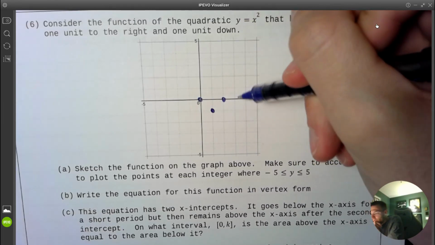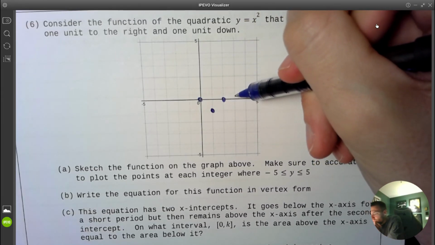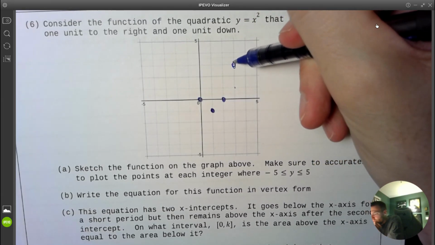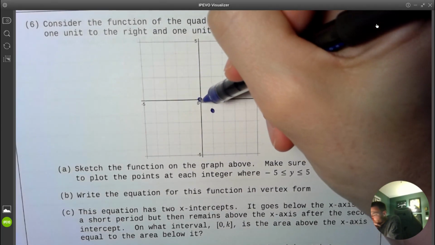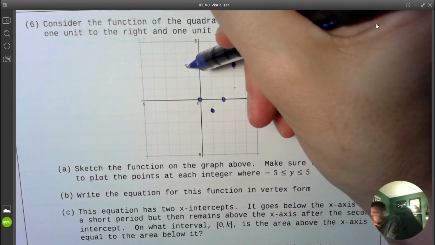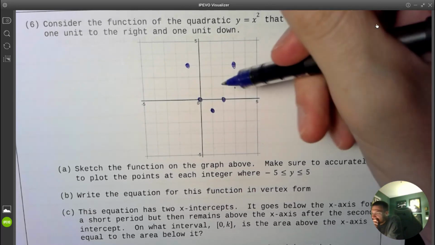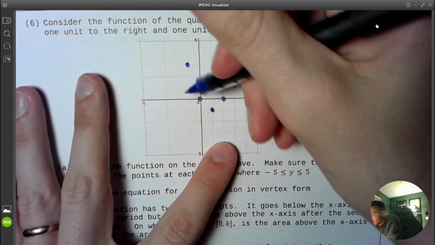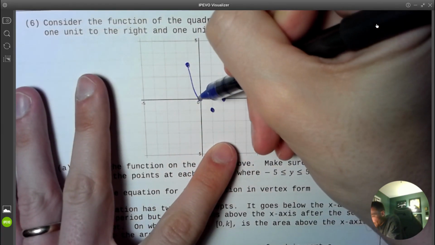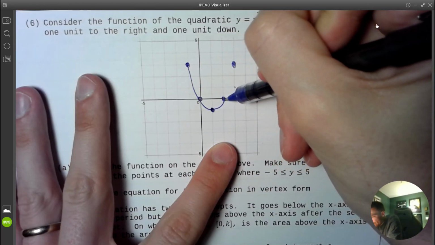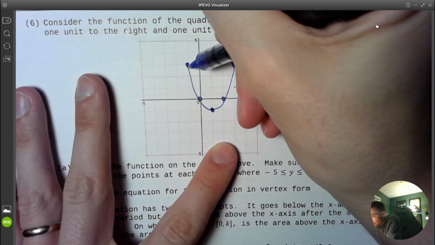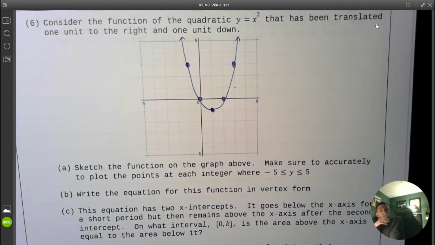Over 1, up 1, over 2, up 4. After that, it's going off the screen. I think it looks like a pretty good graph.